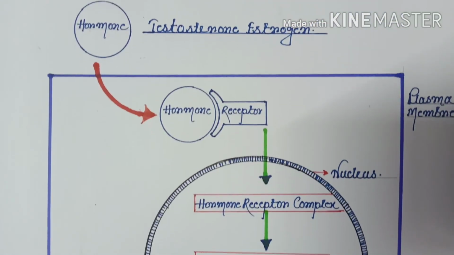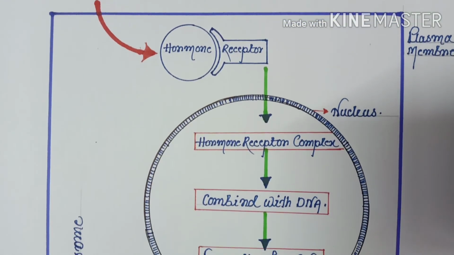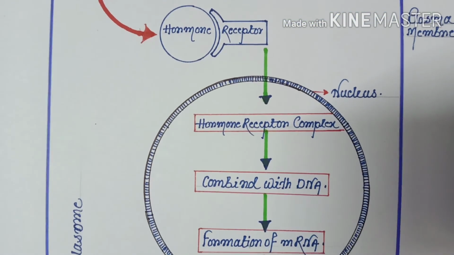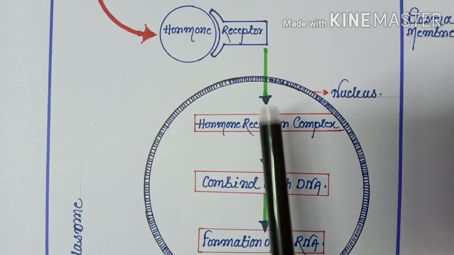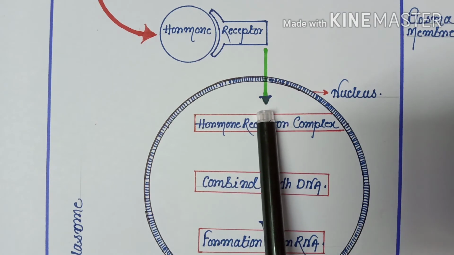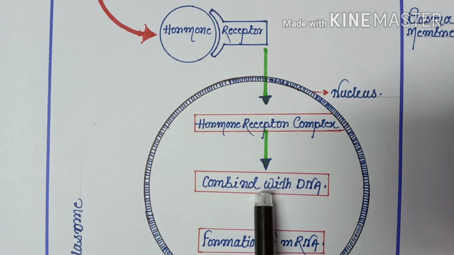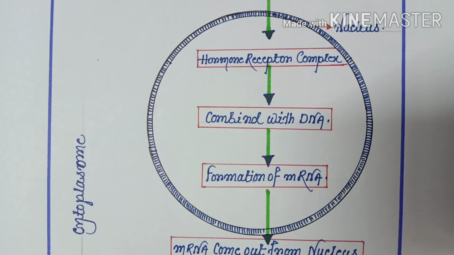When the hormone receptor complex is formed, this hormone receptor complex directly passes into the nucleus, and it then combines with the DNA. After binding with DNA, this DNA then forms mRNA by the process of transcription.